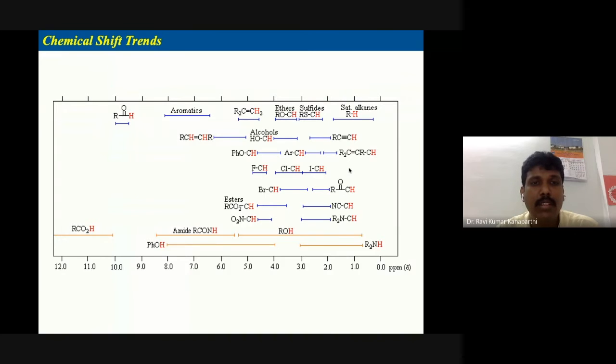If you have a textbook on NMR, these chemical shift values of organic molecules, classified based on the functional groups, are included. I don't think any textbook could be written without citing these chemical shifts.